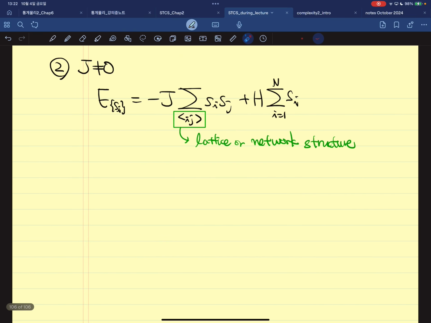So even for this J term, you may expect that there can be some kind of simplification as a result of this, even when we talk about this very regular or mathematically simple lattice structure. And that's actually the case. That's exactly the case for the one-dimensional structure. And we will deeply go into that part.